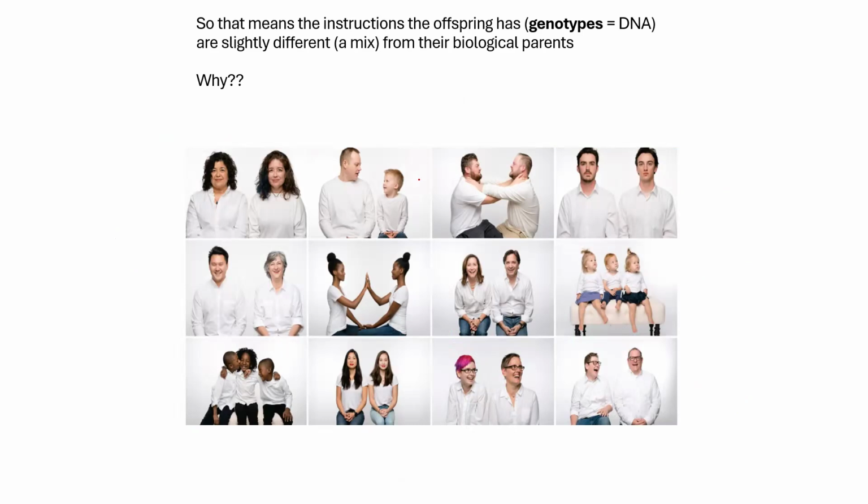So that means that the instructions of our genotype is a mix between our parents, but again, because of meiosis and independent assortment and equal segregation of chromosomes and chromatids and alleles found within the chromosomes, right?